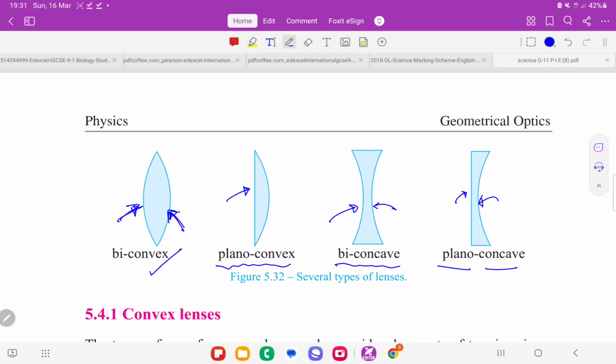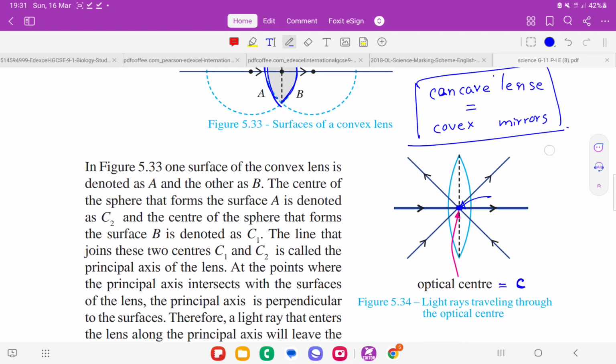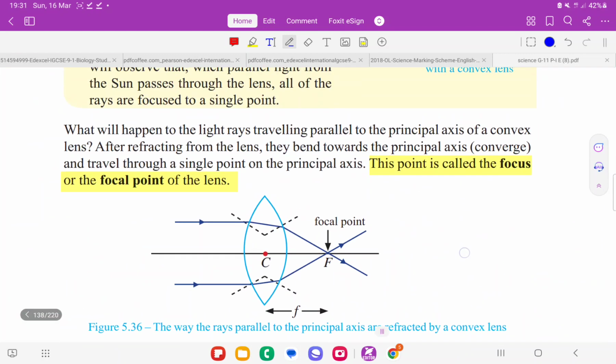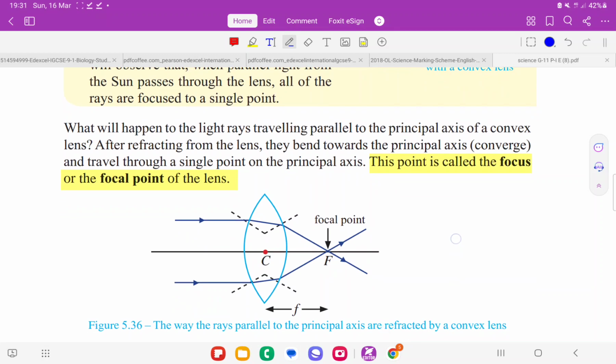Okay, so here we discussed the 4 types of lenses and what the optical center is, and also we have to check the focal point of the lens, the focal point or the focus, which is indicated by capital F. So how to identify the focal point?